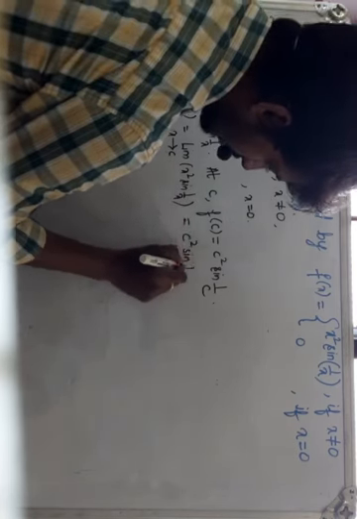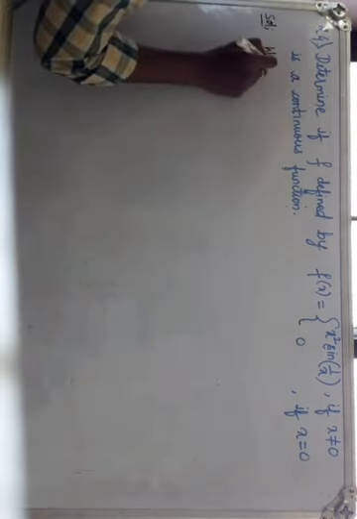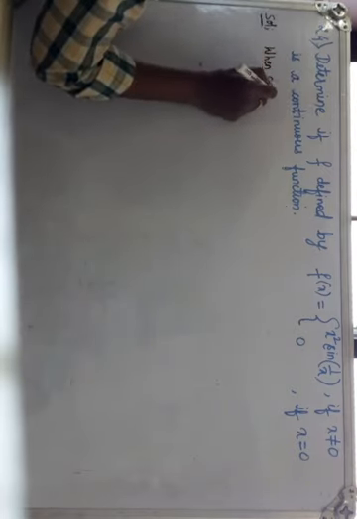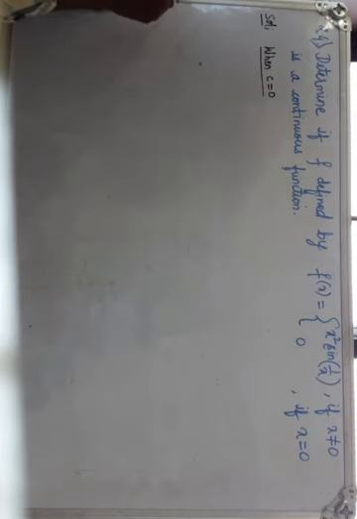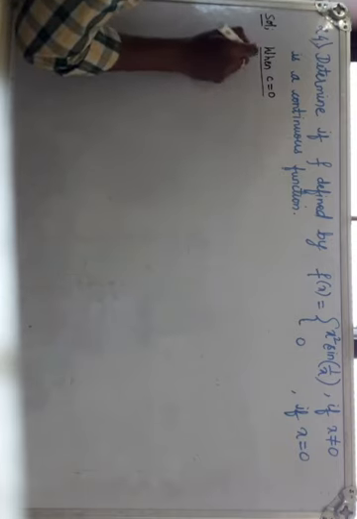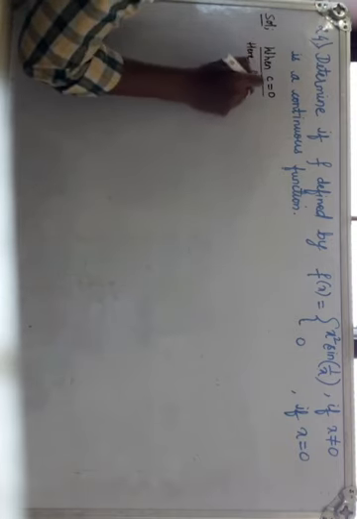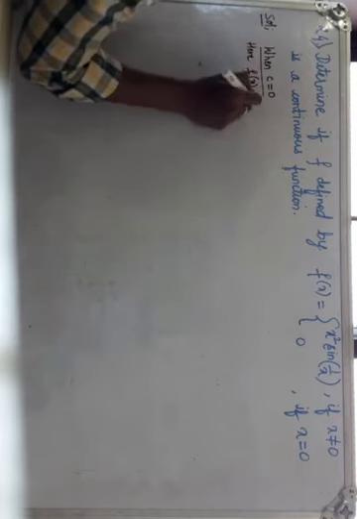Let us see the second case. Case 2, when c is equal to 0. Here f of x is 0, the second branch. So at c equal to 0, f of c will be 0. Also, we need to calculate the limit of this function at c equal to 0.